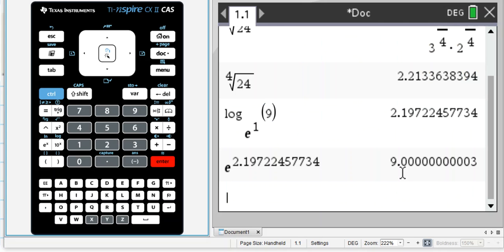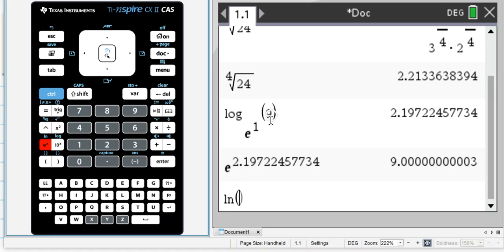So in my calculator, a moment ago I used a logarithm with a base of e, and that was a little bit difficult for the calculator to use because this is actually pretty unusual for the calculator to evaluate. Anytime that we use a logarithm that has the base of e, instead of using this traditional log notation, we use the natural log notation. So ln is what we use for natural log.